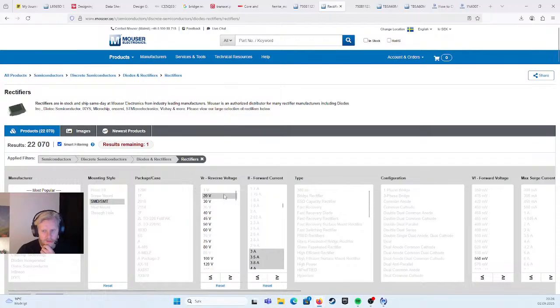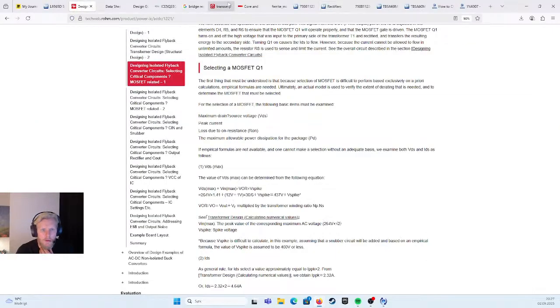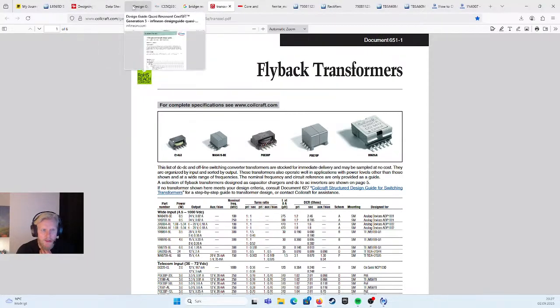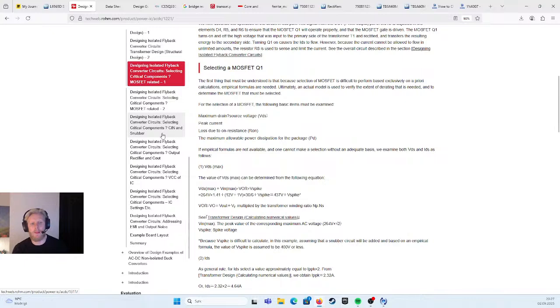Is that so critical though? Like, at that point it's DC, right? Let's look at this design guide again. We'll jump ahead a little bit. Output rectifier. Selecting critical components.